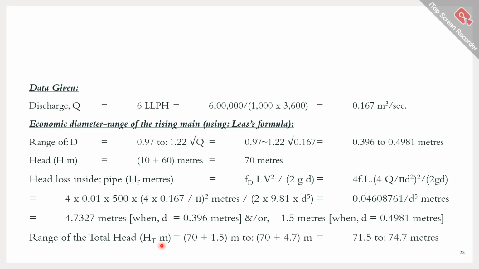So the range of the total head, denoted as HT in meters, becomes 1.5 to 4.7 plus this H which we calculated earlier. So 70 plus 1.5 equals 71.5, and 70 plus 4.7 gives you 74.7, or approximately 75 meters.